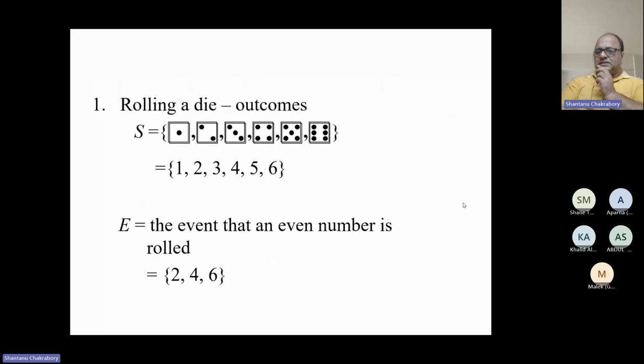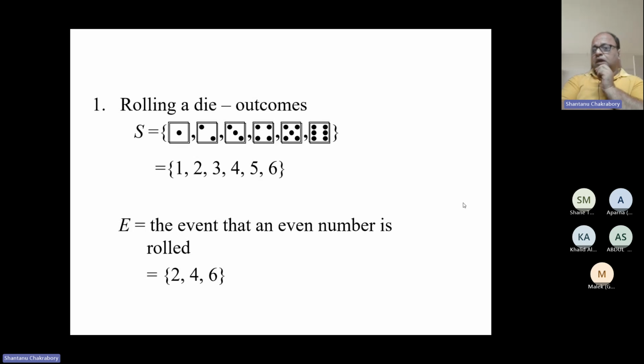Rolling a dice, as we say, these are basically the sample space. And what is the event space? The event that an even number is rolled. When you roll a dice, you're getting either 2, 4, or 6. What is the sample space? 1, 2, 3, 4, 5, 6. But out of the sample space, you got the event space. The event space is a subset of a sample space.